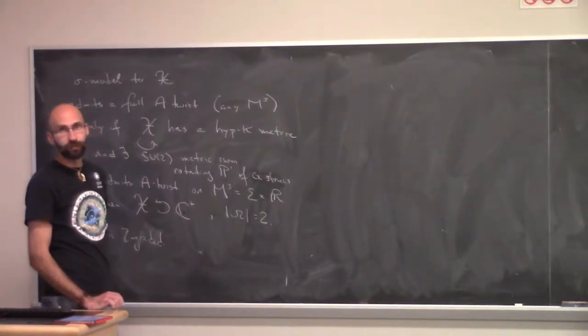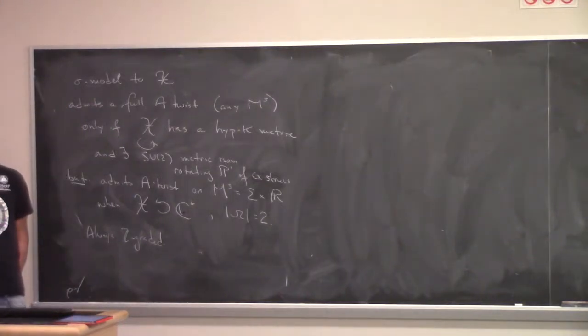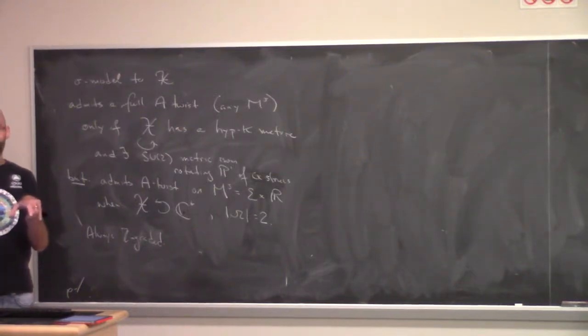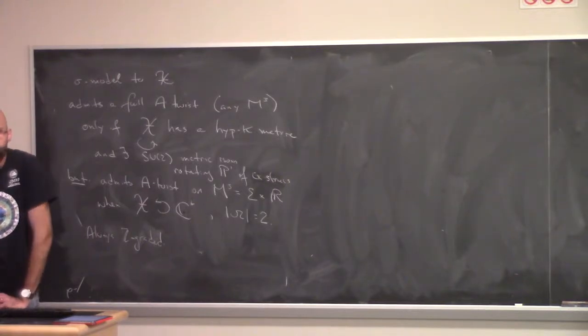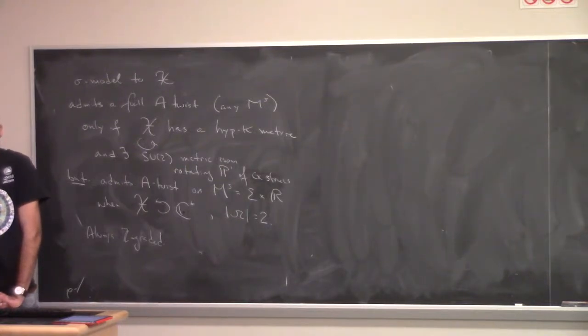So you take a real manifold, take its cotangent, and then take the cotangent of that again. Or in other words, it's 3 copies of the cotangent bundle of the real manifold, and there's an SU2 that rotates those 3 copies. Kapustin and his students wrote some papers about that about 10 years ago.